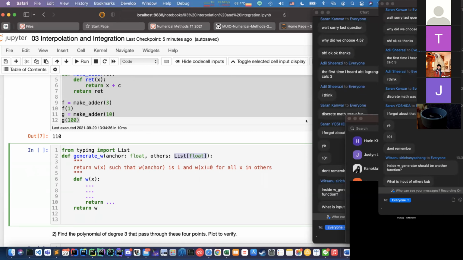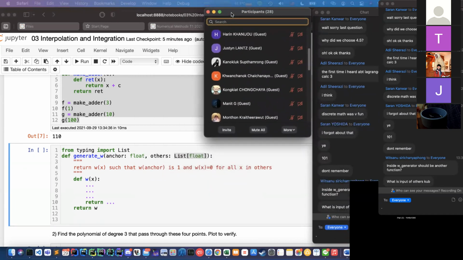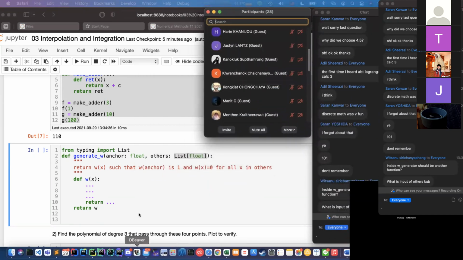So if you got it, raise your hand so I know that you got it. Test two. I think it's very easy to test, right? It should be about 3 to 4 lines.